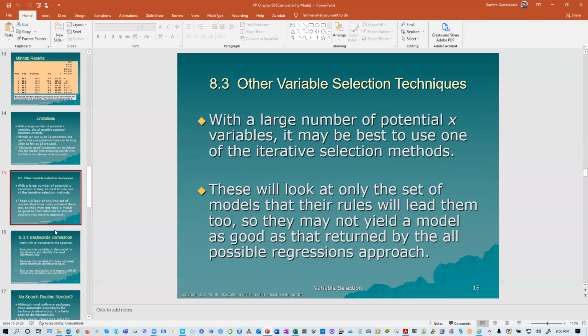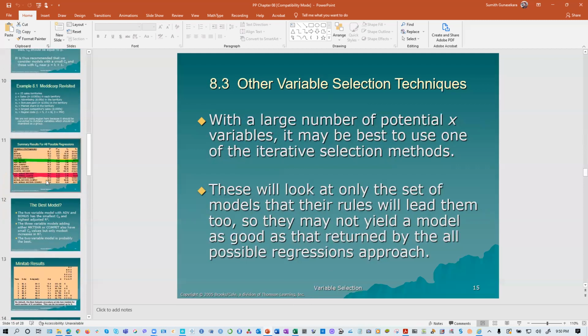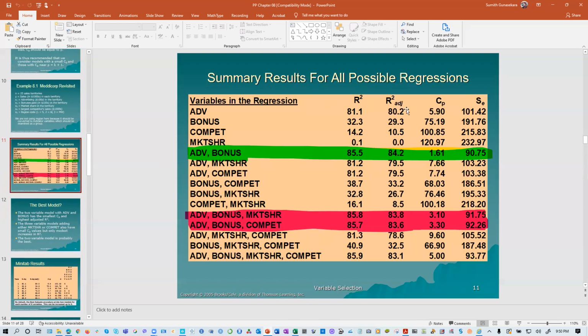Now we were thinking about what would be the best model selection procedure. Go to the all possible regression model, but we have some limitations. We cannot utilize this method when you have a large number of regressor variables.